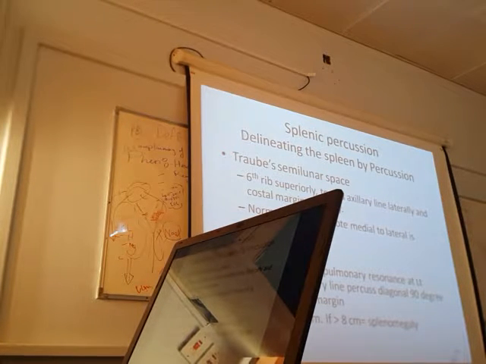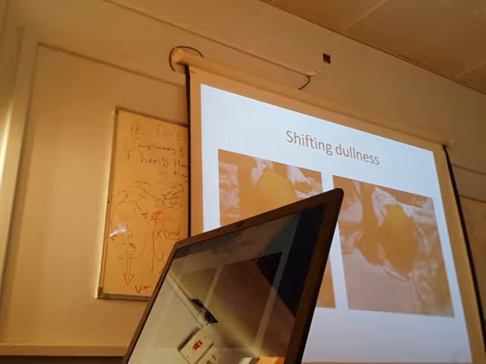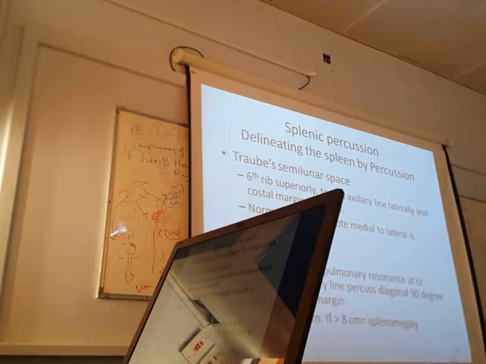It has borders: the sixth rib superiorly, the left mid-axillary line laterally, and the subcostal margin. So it is like a triangle. This is Traube's area.